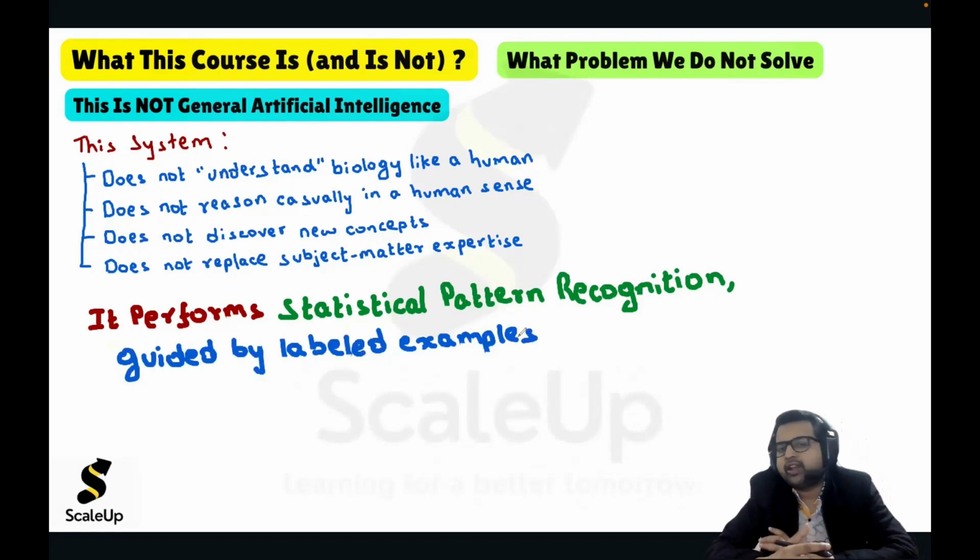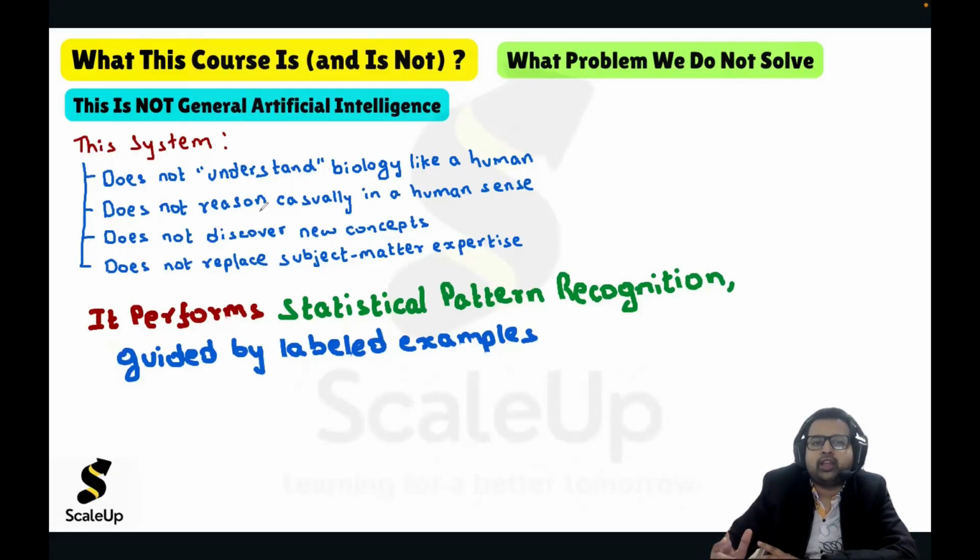Whatever AI grading system we will be making, it will be guided by labeled examples, and it will just perform statistical pattern recognition, and based on that, it will be doing the grading of short response questions, and it will not be any artificial general intelligence. So we have clearly defined the scope of the AI model which we will be building in this course.